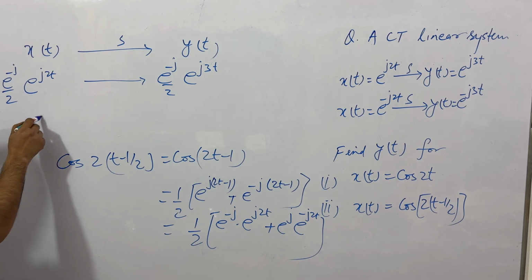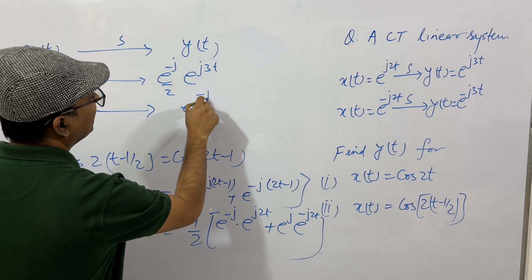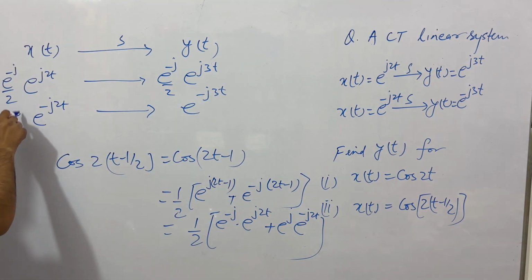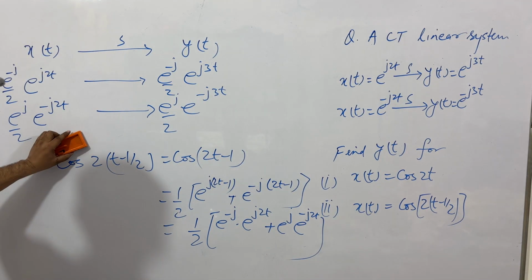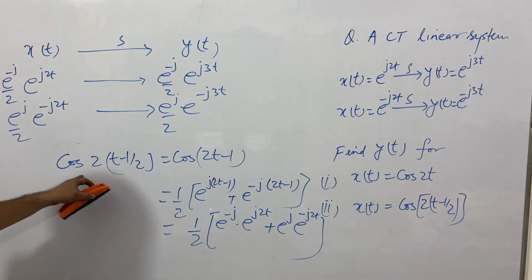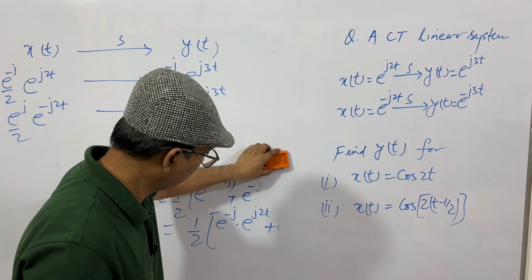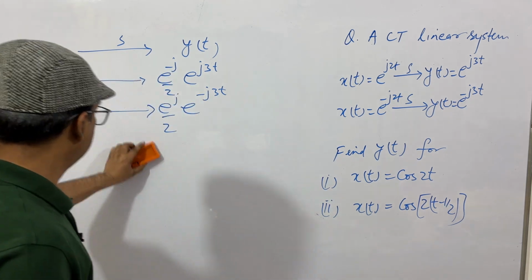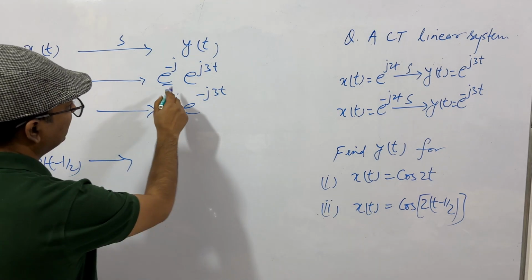Similarly, e^(-j2t) gives e^(-j3t), so multiplying by e^(j) by half will give e^(j) by half. So when we add these two, we get this value. This we have seen. So this gives basically cos(2t minus half), that is this plus this.